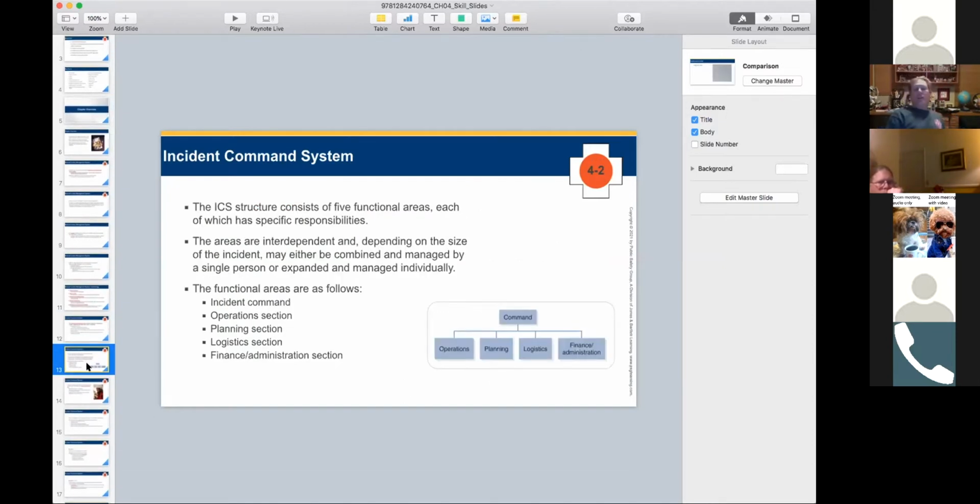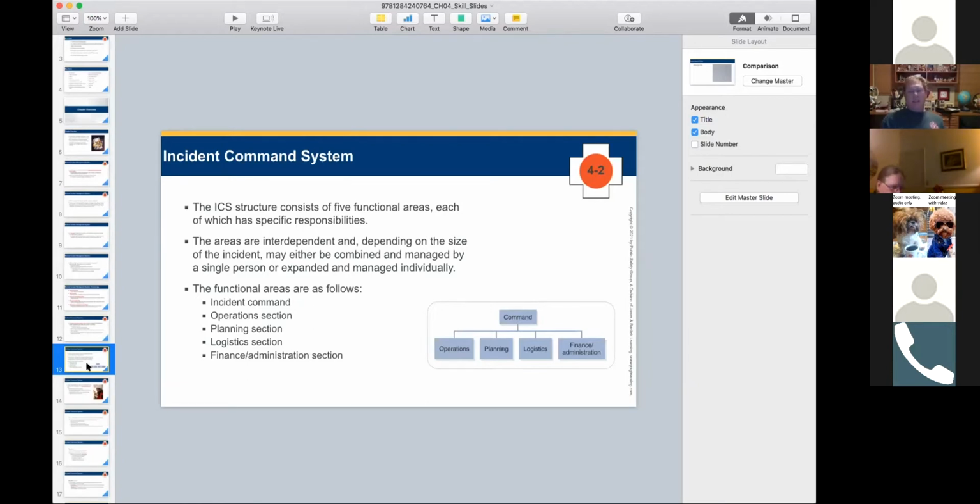So this is the basic ICS structure, 5 functional areas. At the top, it always starts with command. After command, command has 4 functional areas. Operations, which is how we're dealing with the incident, who we have assigned to deal with the actual hazard. Planning, logistics, and financing.